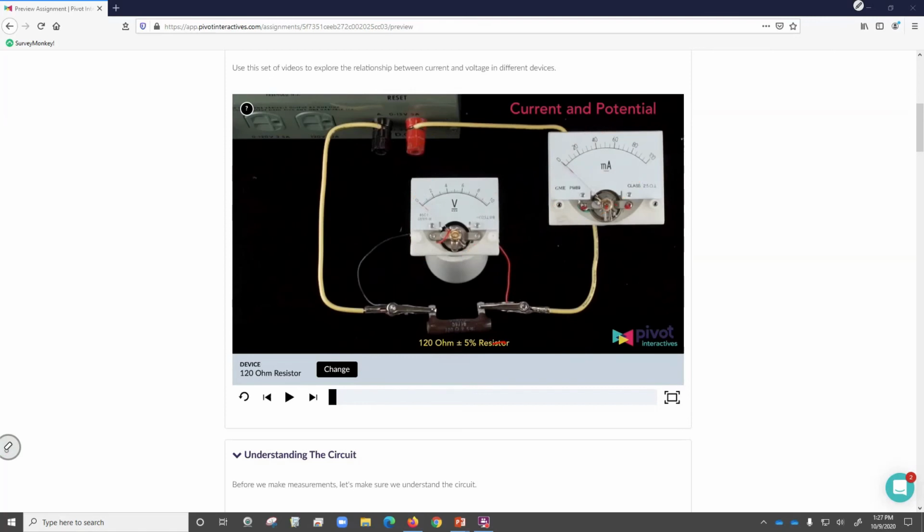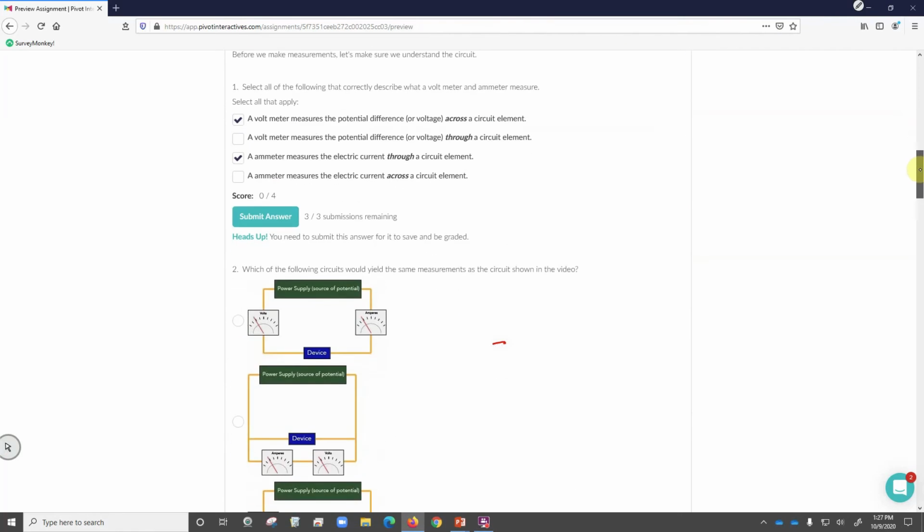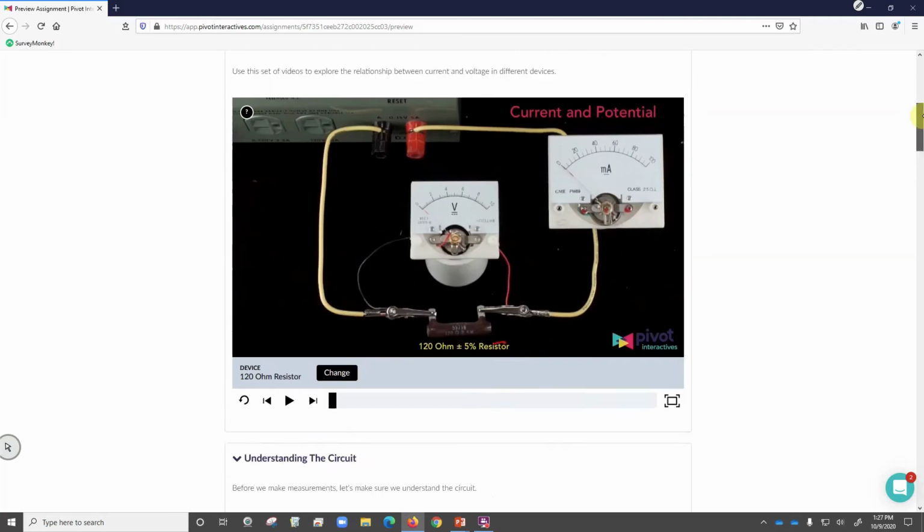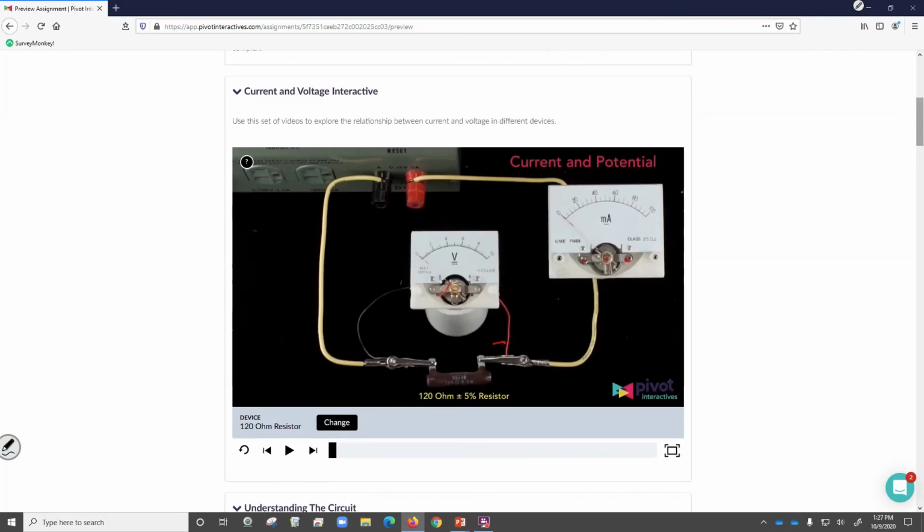Well, first we need to answer a question about how to measure voltage and current. The terminology is an important part of a language. We're measuring voltage between 2 points or across a device, and we are measuring electric current through the device.